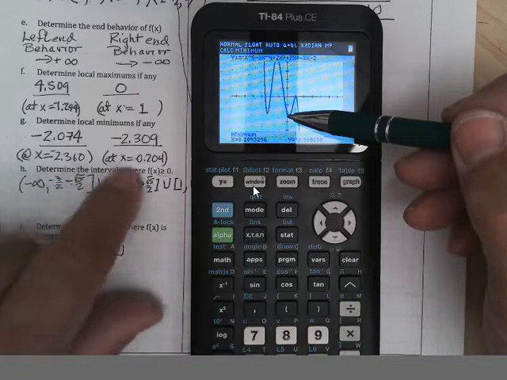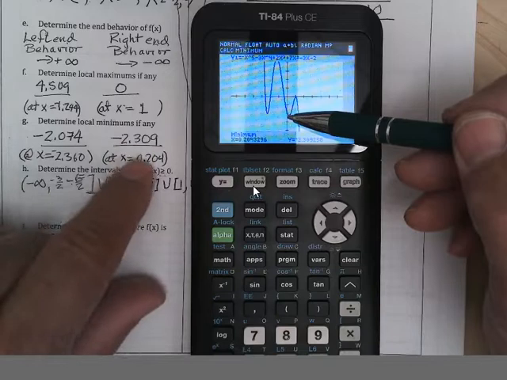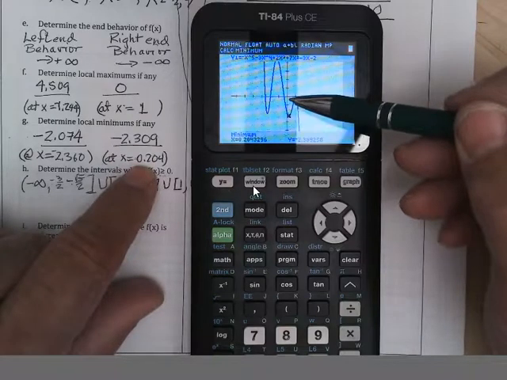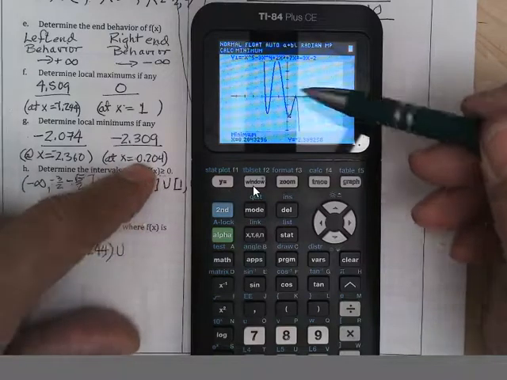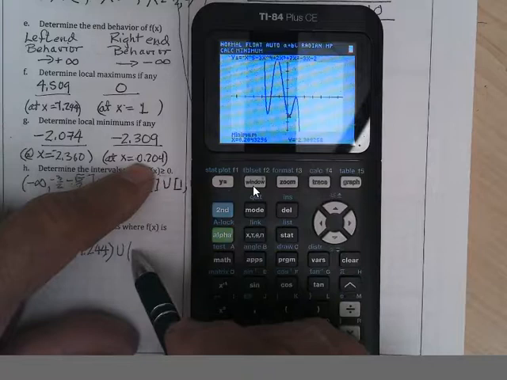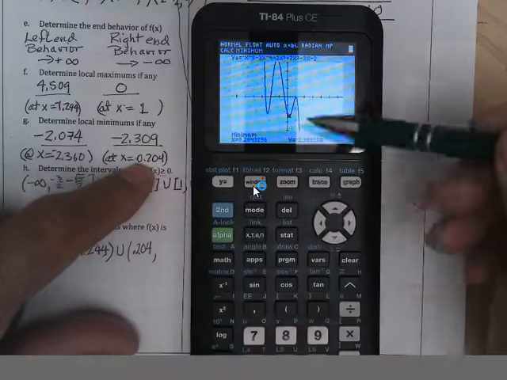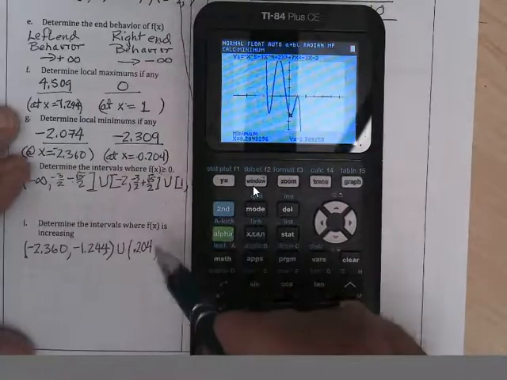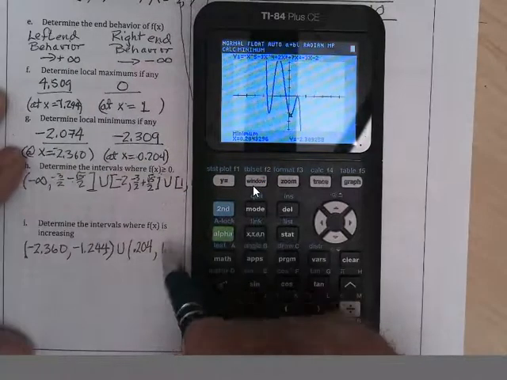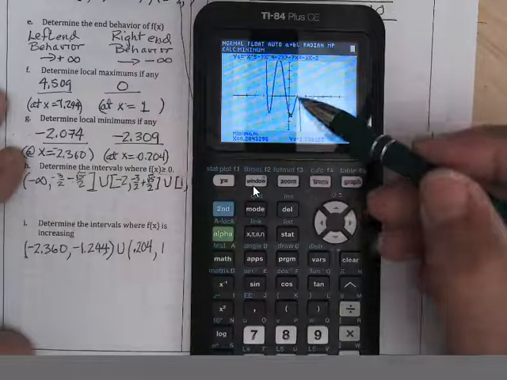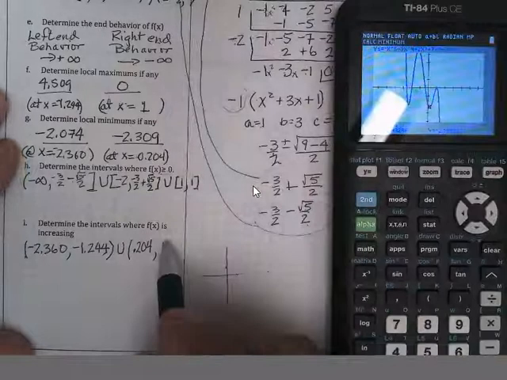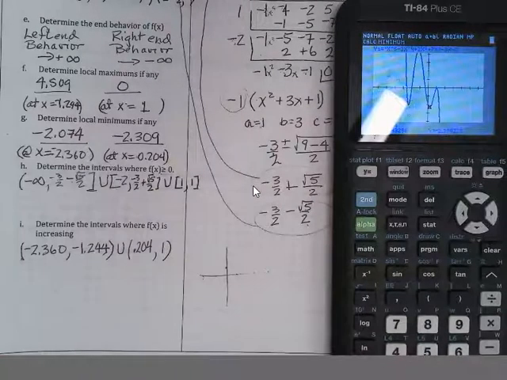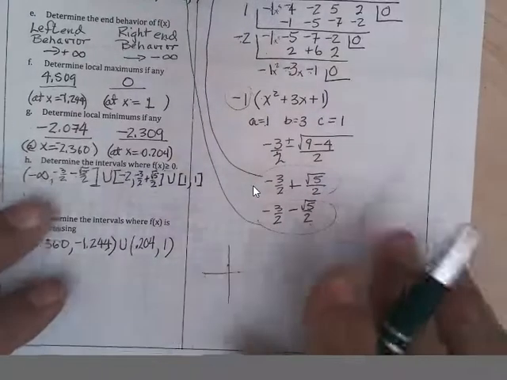That's a minimum, but the x value is 2.204. And it keeps increasing until the x gets to be 1. At 1, it's changing from increasing to decreasing, so we don't want to include it. And that's page 1 of the test.